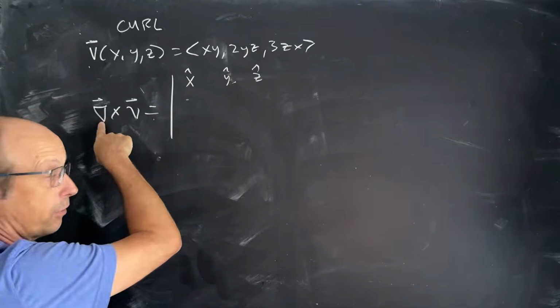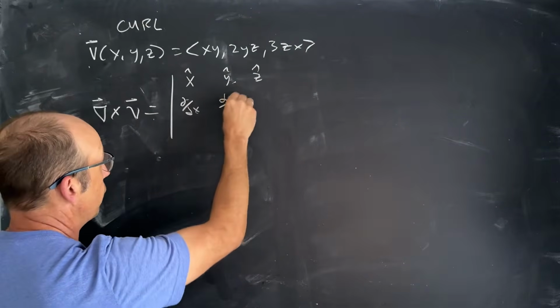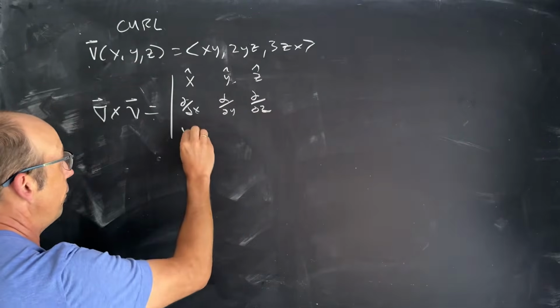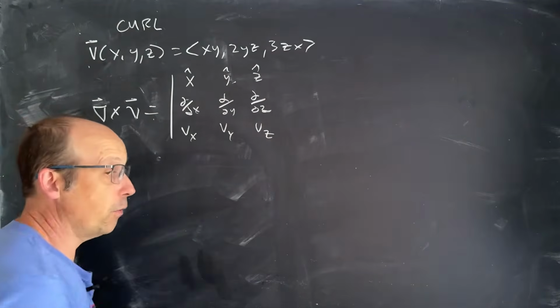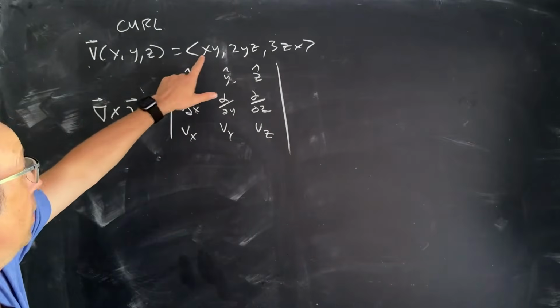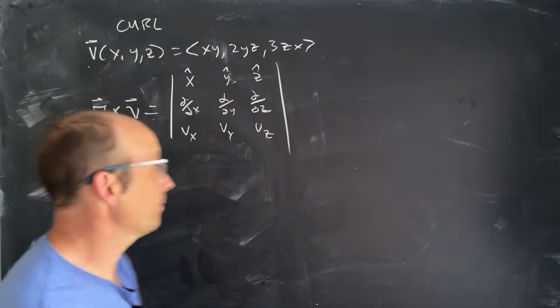And then I have the components of this, which are the partial with respect to x, the partial with respect to y, the partial with respect to z. And then I have vx, vy, vz. And so vx, vy, and vz can depend on x, y, and z. Right? And you see up here, the x component depends on both x and y. You could have a z term in there too.